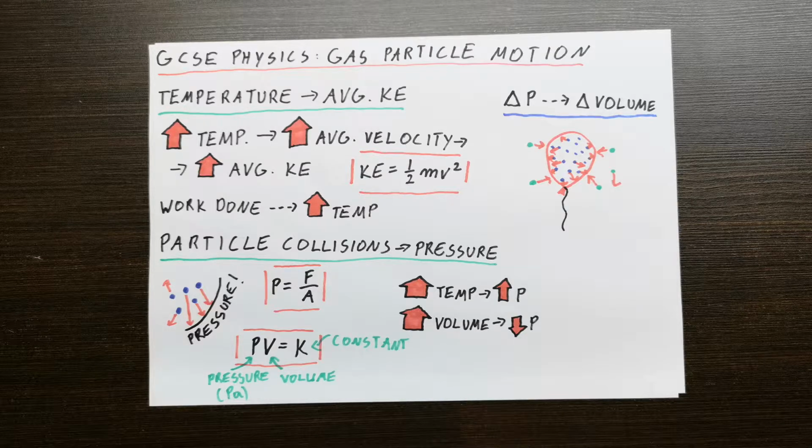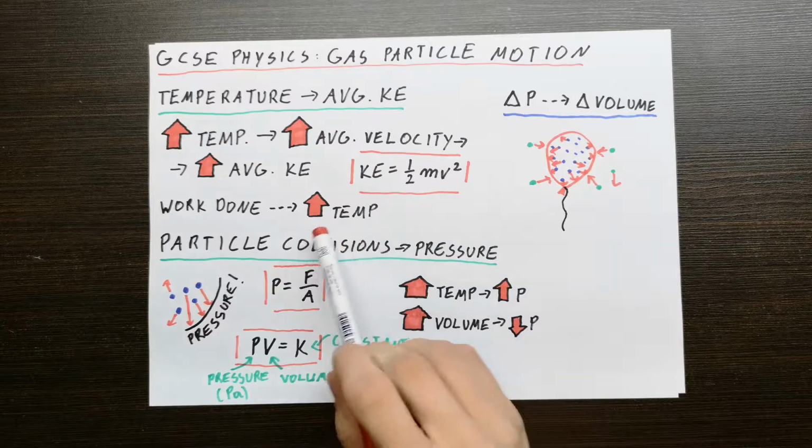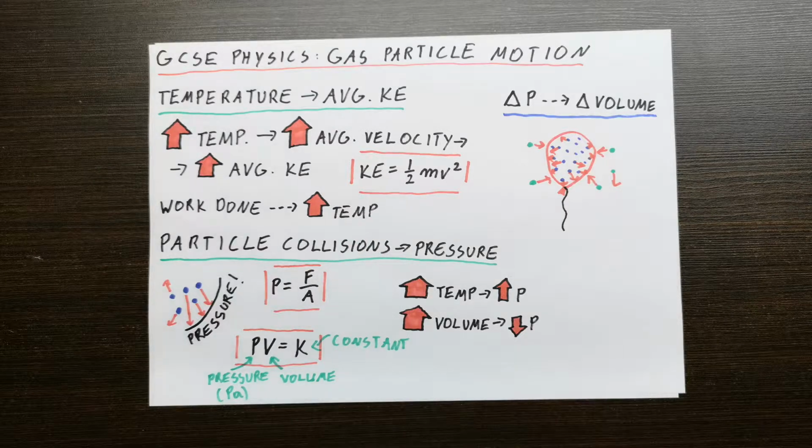If we transfer more energy onto the gas, we increase the kinetic energy stores, and so we increase temperature. Even with simple things such as pumping up a car tire, you note a temperature increase, as you are doing work by giving those particles kinetic energy and pushing them into that tire. So that's how temperature works.